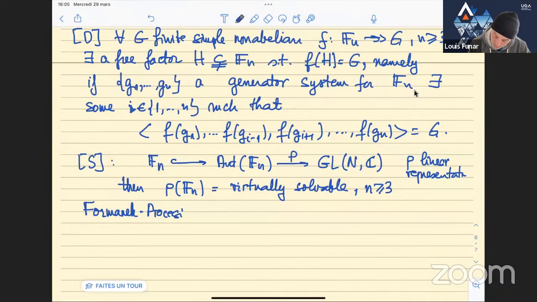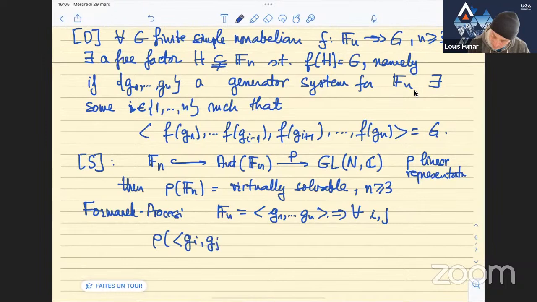And the way to prove that is that if I'm taking Fn generated by g1 to gn, then for any i and j, the image rho of the subgroup of two generators gi, gj is itself virtually solvable. But it is not known if the full group is, so this is the free group of two generators inside Fn.